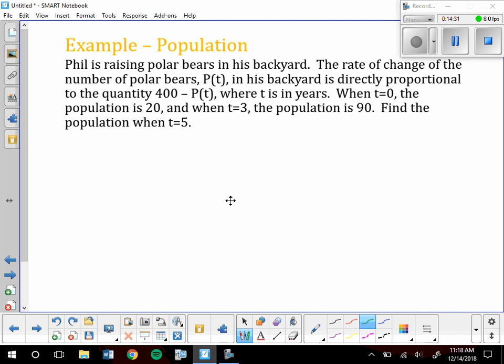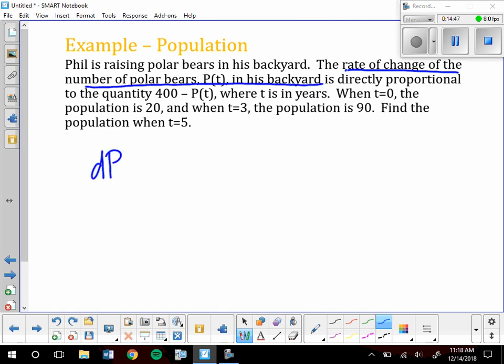Our first step is going to be setting up a differential equation that models this situation. So it says the rate of change of the number of polar bears in his backyard.